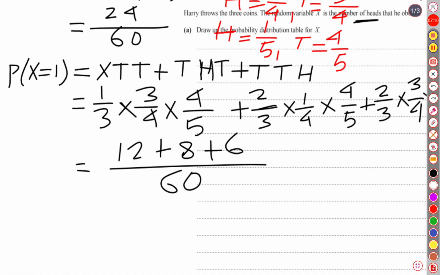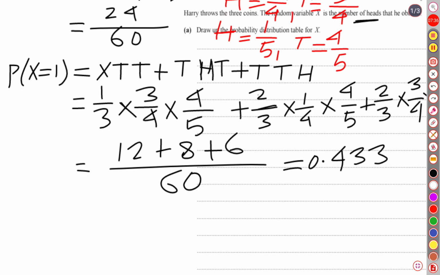So ultimately our probability is going to be 26 over 60. Using my calculator I get 0.433. This is the probability of the second case.